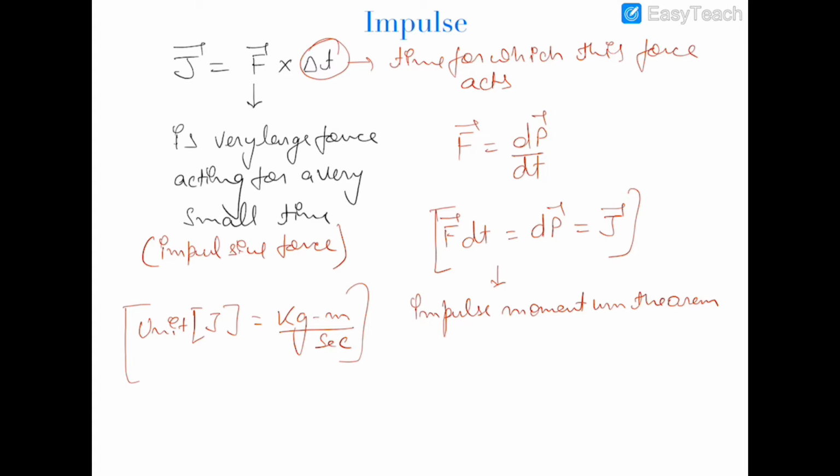Now let me tell you some practical examples. In cricket, while some fielder catches the ball, he tends to take his hands in the backward direction so as to minimize any injury on his hand, because the change in momentum is constant, irrespective of whether he is catching the ball with still hands or moving his hands in the backward direction.